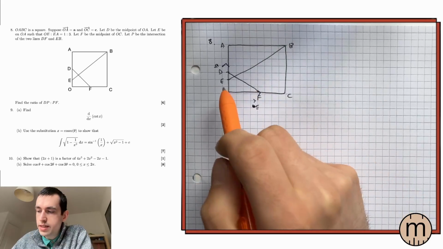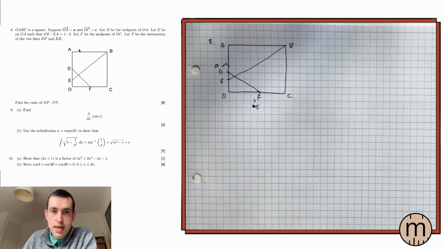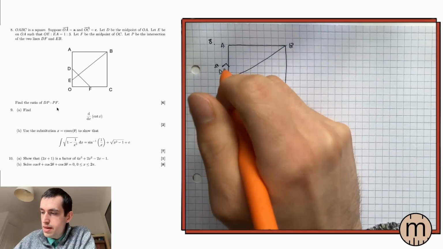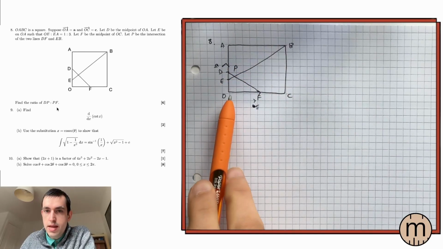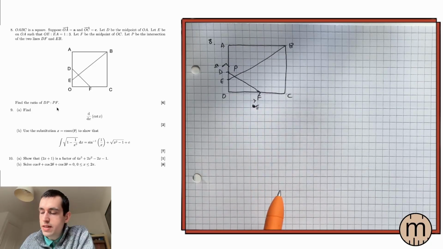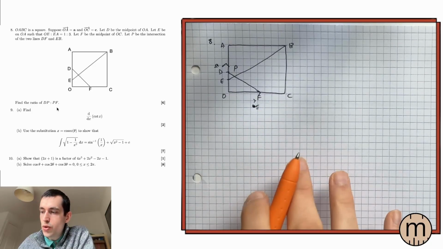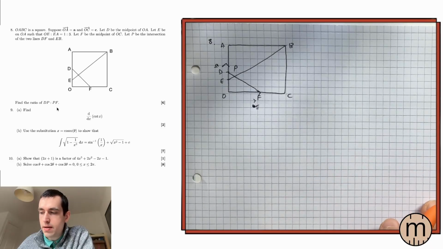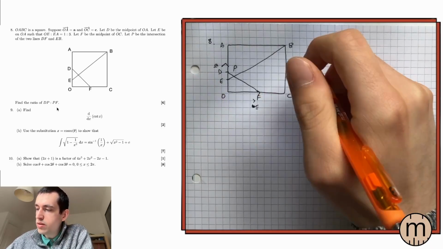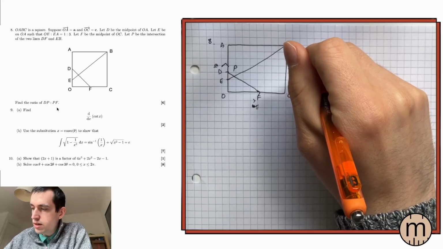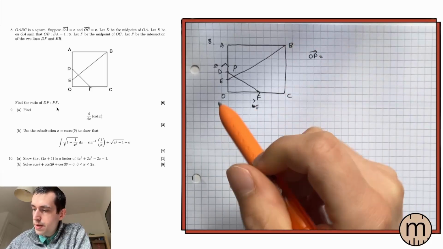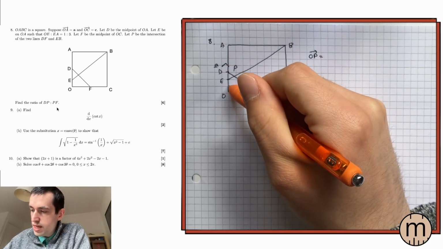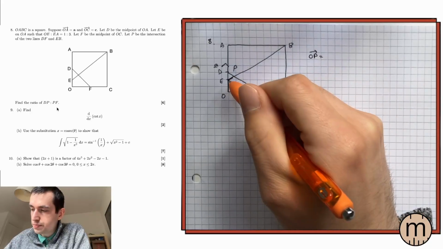What we're trying to find is the ratio DP to PF, as in the ratio D to P, missed that point, to P to F. In these type of vector questions, we need to find two versions of the same vector, which we could then compare. So the first version I'm going to find is O to P by going this way. I'm going to go up to E and then I'm going to go across.